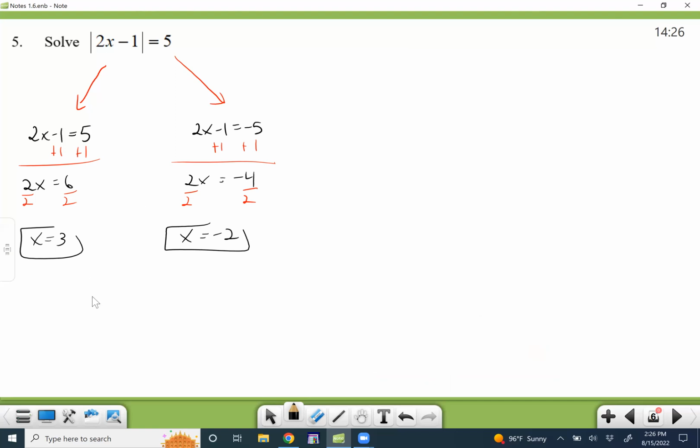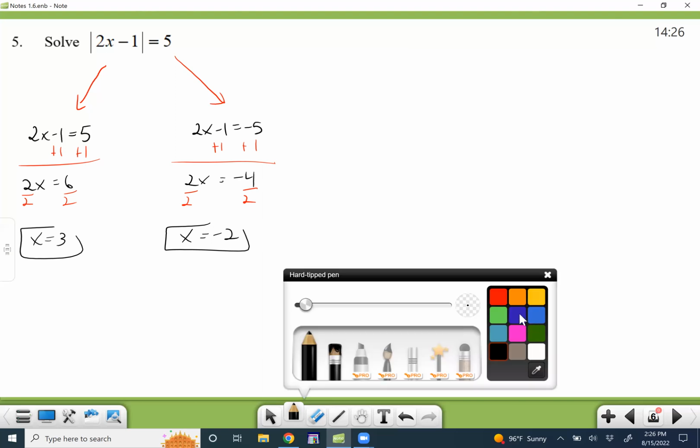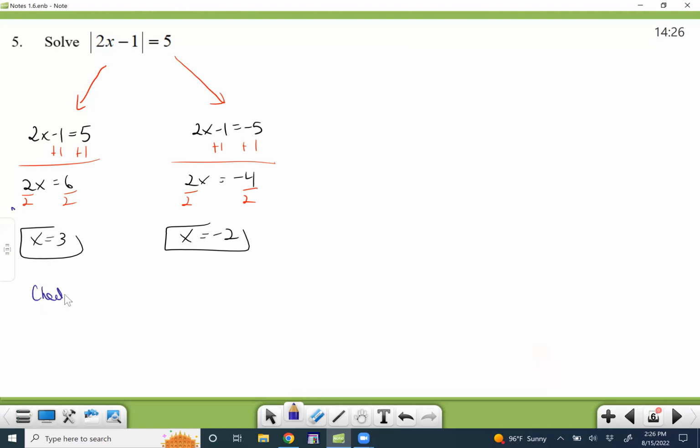And again, you could just plug these in really fast and see, let's say it's a test situation. I always made mistakes, littered my test with mistakes. If I would have just thought about checking, I wasn't mature enough, I probably would have gotten more things right. So I'm going to substitute in 3 and see, does that work? And I'm going to substitute in negative 2 and see if that works.